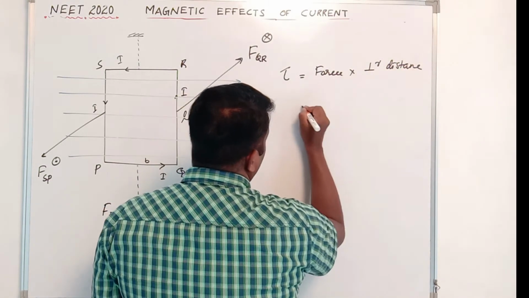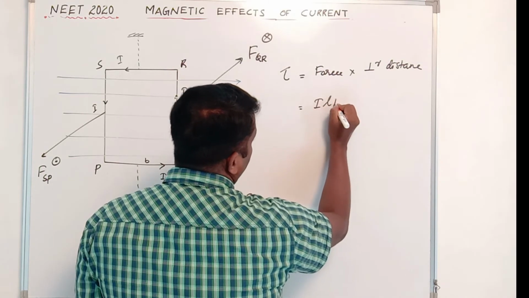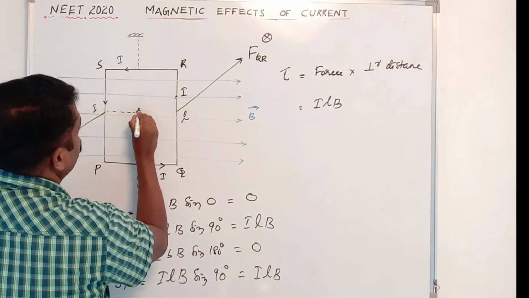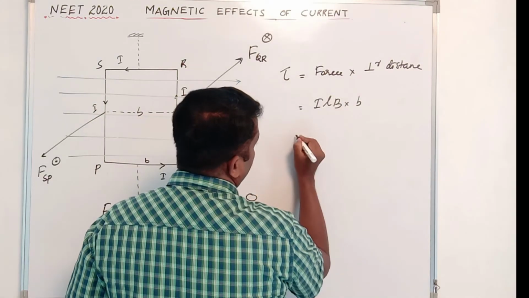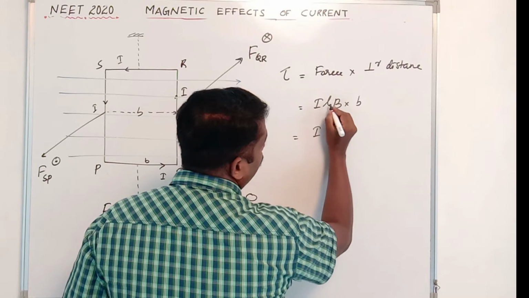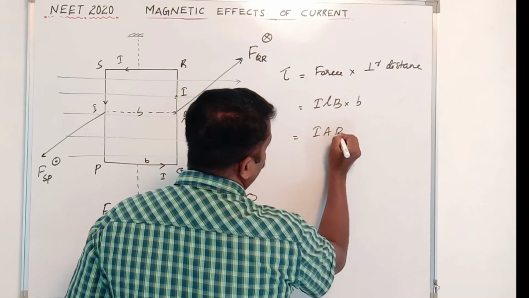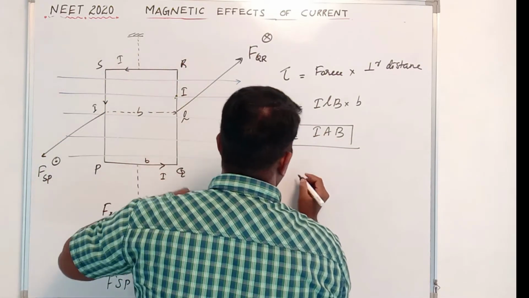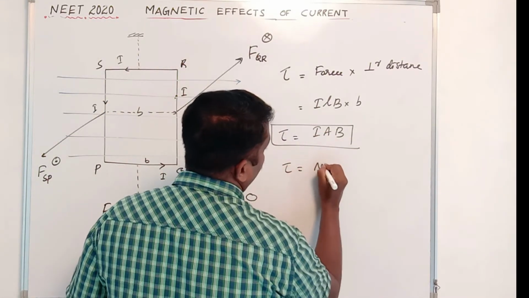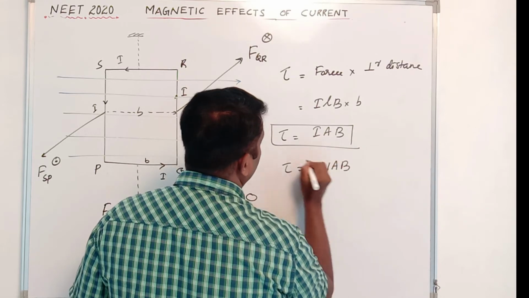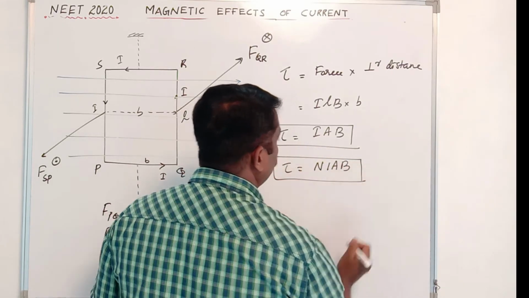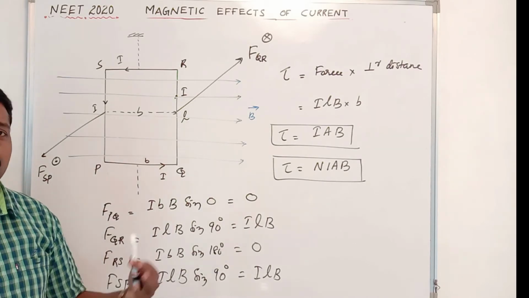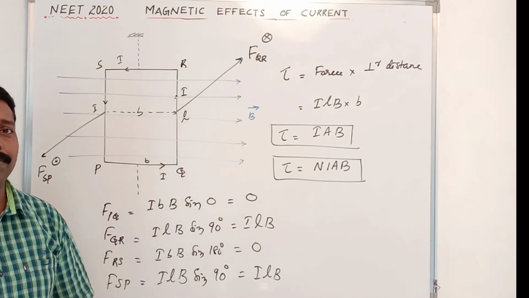One of the forces is I L B, right? The perpendicular distance between these two forces is simply the breadth of the conductor, hence it is I L into B, which is A, so torque is equal to I A B. For n turns of the loop, tau is equal to N I A B. So this is the torque acting on a current carrying rectangular wire frame placed in an external magnetic field.